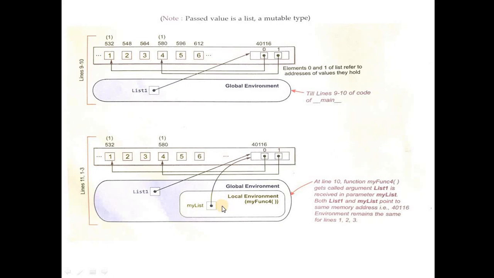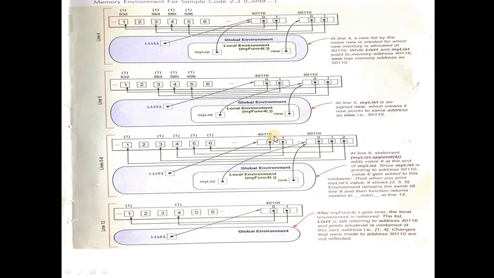Now when you have created a function and you go to that function, the local environment is created, and list 1, same as above, shares the same memory location with my list, and you have the values there, and you have seen the output also, both values received correctly.